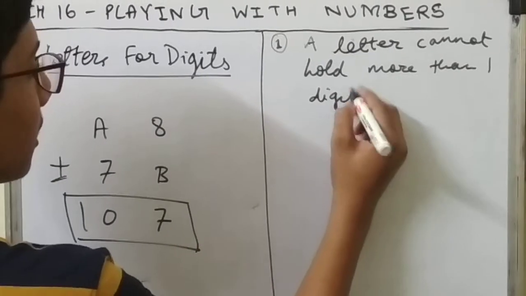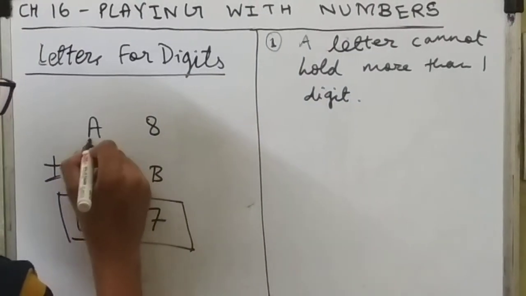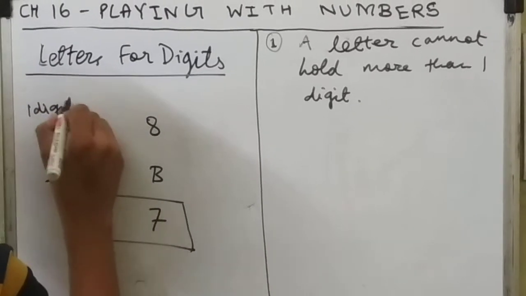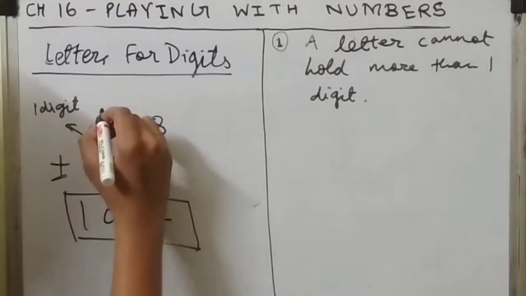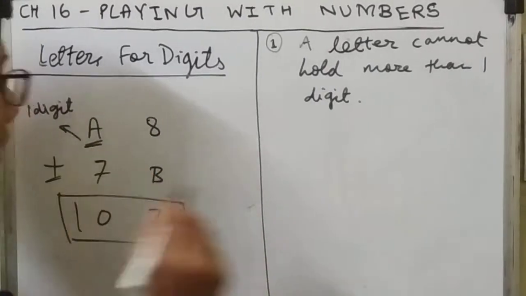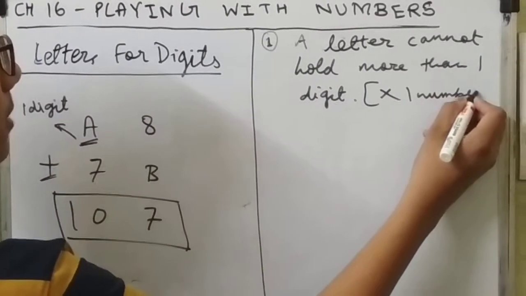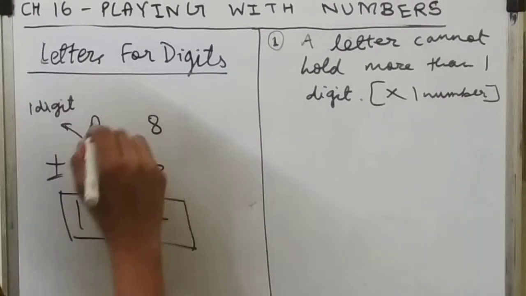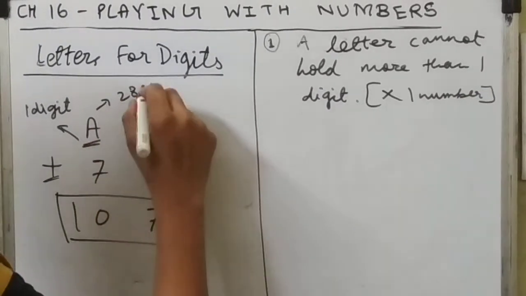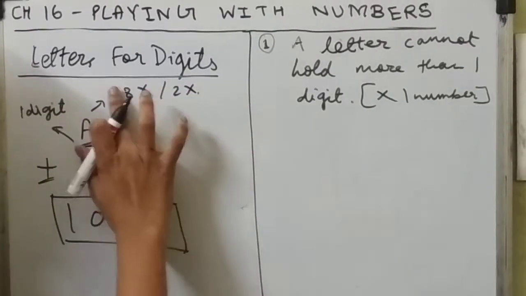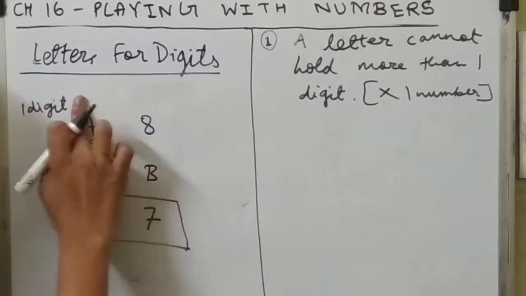That means the value of one letter will be only one digit. It cannot be 2, it cannot be 3. I am not talking about a number here. A number is a combination of digits. That means it cannot be 28. It will be 8 only, or either 2.